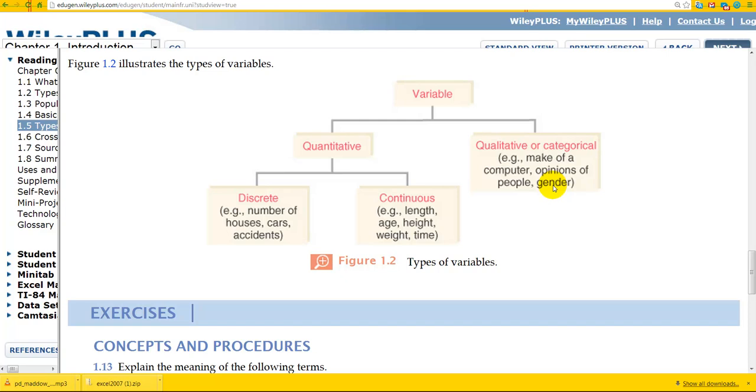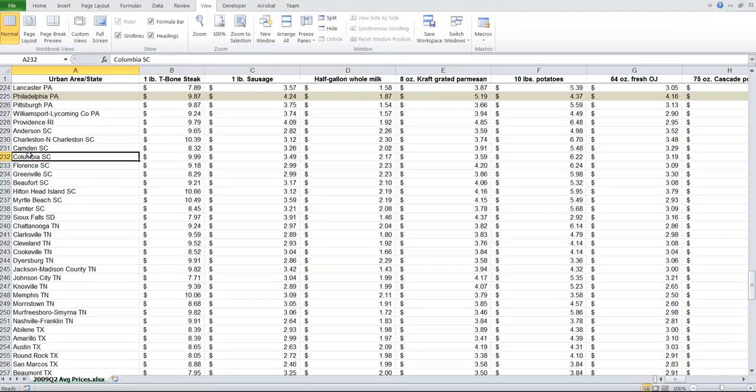What's the make of the computer? You might have a spreadsheet like this where it's not cities, but these are different computers, and this might be the make of the computer. And the make of the computer would then be Sony, and then you'd have another computer that was IBM, and another that was Dell, and so on.